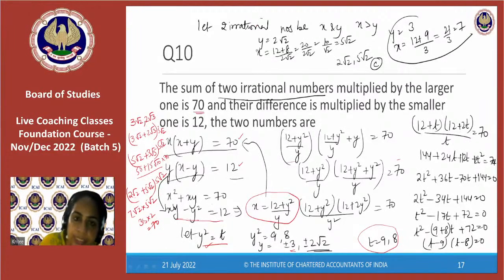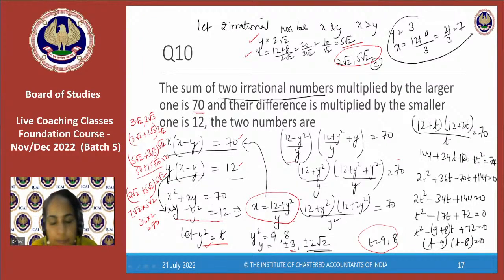If Y is taken as 2 root 2, the value of X is calculated here. The other number will also be the same. If you're taking minus 2 root 2, that will give you minus 5 root 2. Most probably a bit of change would be there. But yes, this is the part. So this is how you get it by solving it using a method rather than doing it directly.